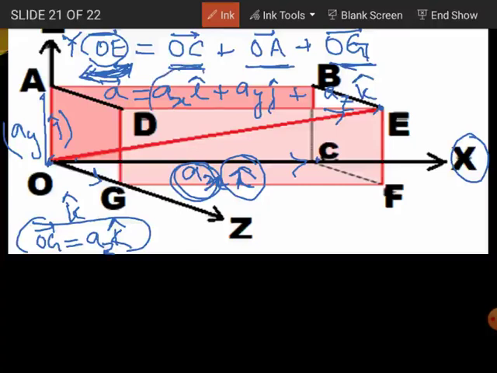So we call these the component of A along the x-axis, the component of A vector along the y-axis, and the component of A vector along the z-axis.